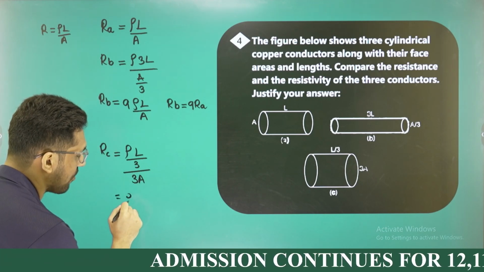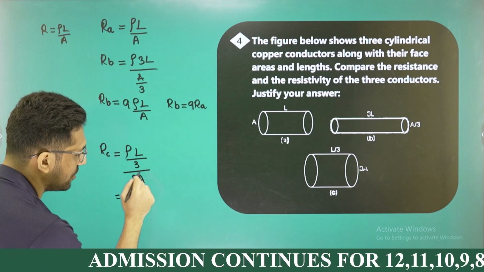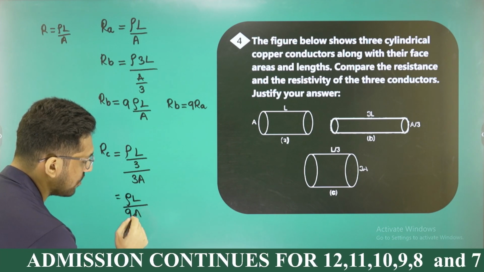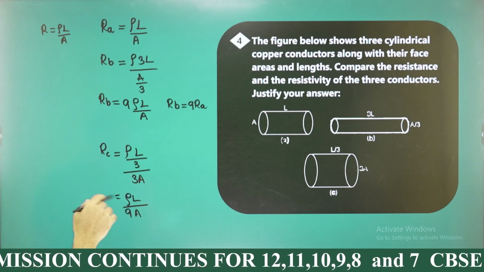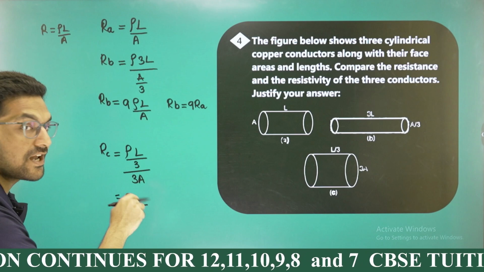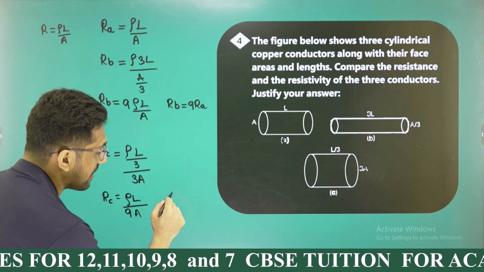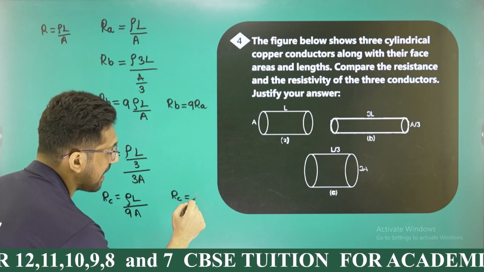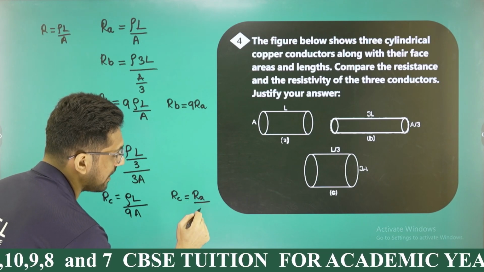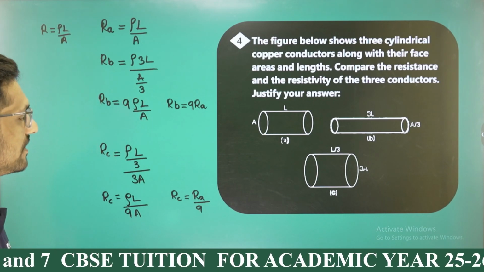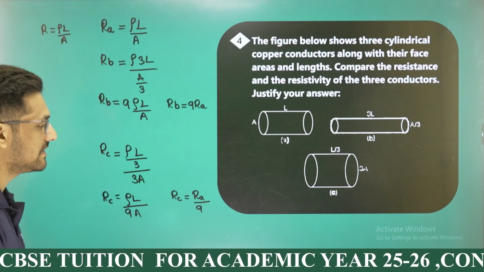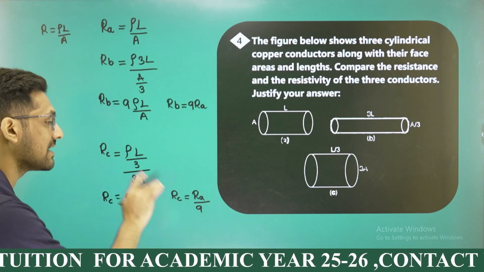You will get rho L by 3 into 3, 9A. You can see a rho L by A in that equation. Rho L by A is RA. Now you can write RC as RA divided by 9. There is a relation between RA and RC.